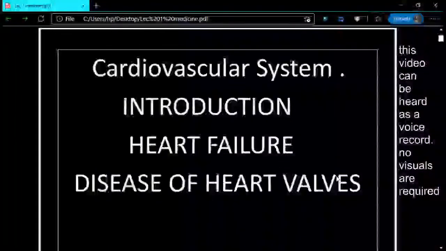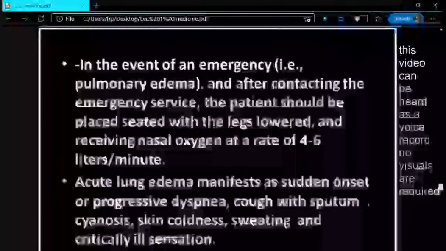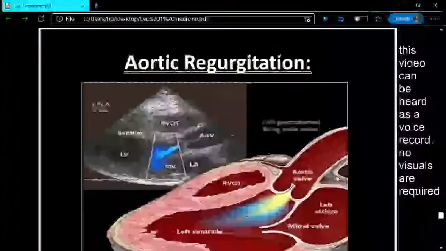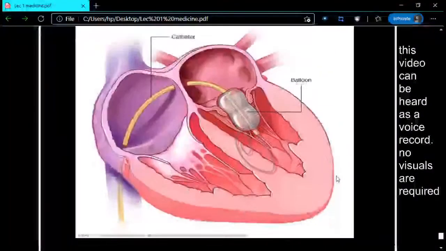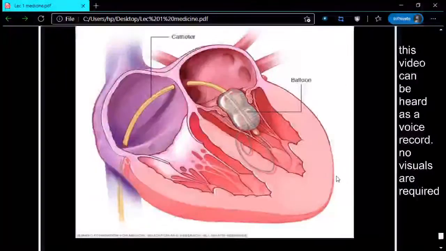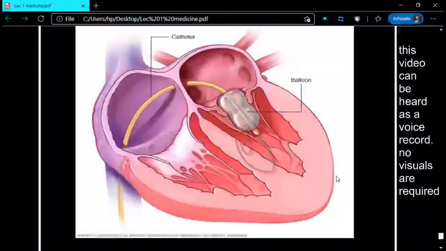Thank you for listening to this lecture. That was a very important lecture. We discussed all types of heart failures, and we will go in depth in the next lectures, discussing why there is an intervention of the surgical balloon between the left atrium and left ventricle to treat the MS, obstruction of the pulmonary artery, obstruction of the left ventricle arterioles.